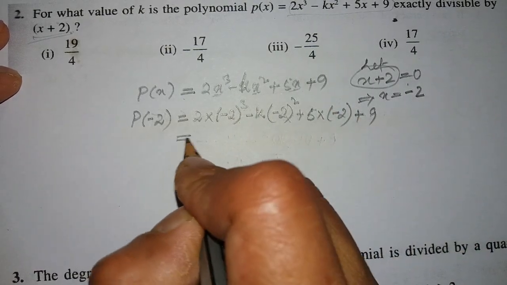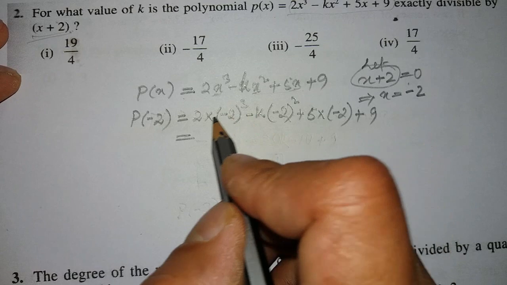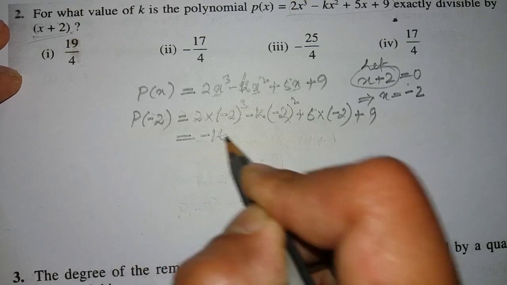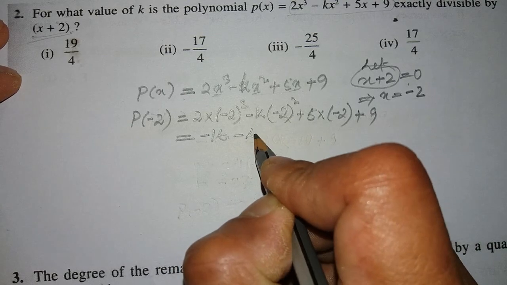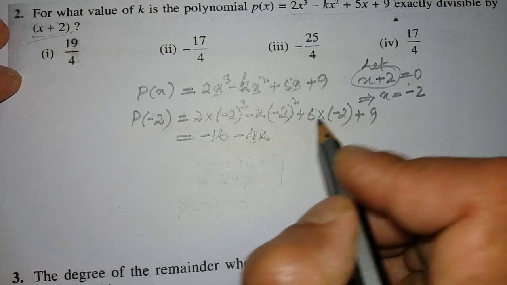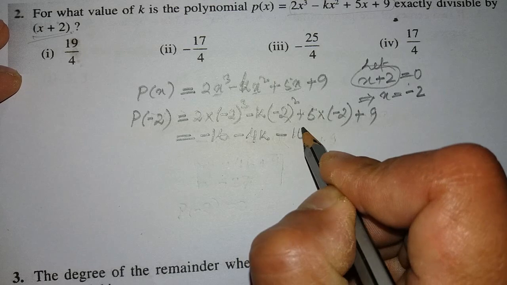Now minus 2 cube is minus 8, into 2 is minus 16. Minus 2 square is 4, so minus 4k, and 5 into minus 2 is minus 10, plus 9.